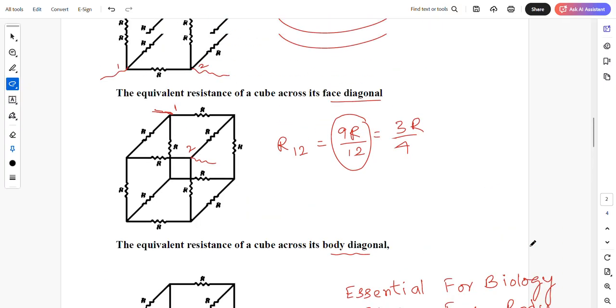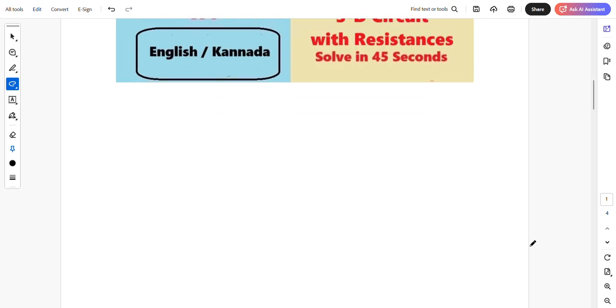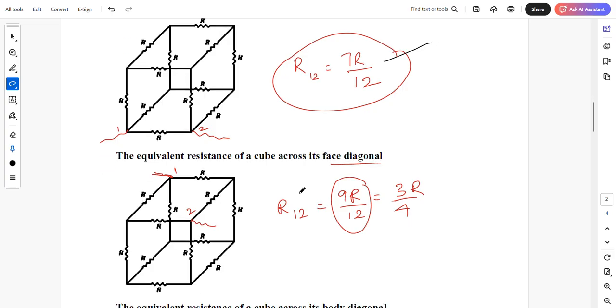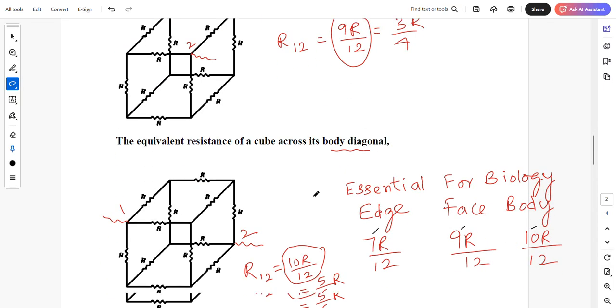Hope you have enjoyed this video. This is a very interesting video based on 3D circuits. First we discussed cube resistance, where we calculated the equivalent resistance of a cube across its edges, 7R by 12, across its face diagonal, 9R by 12, and across its body diagonal, 10R by 12.